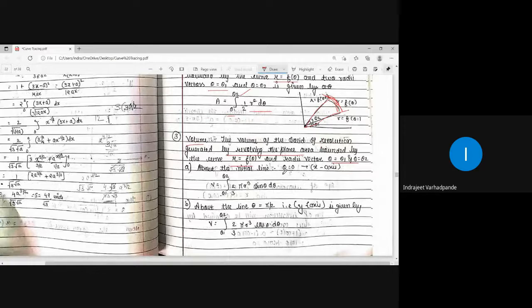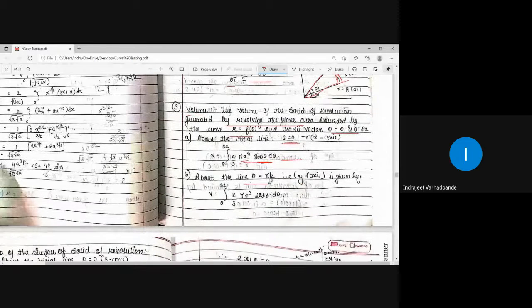So about the initial line theta is equal to 0, the term y is replaced by r sine theta, and therefore the formula becomes 2 by 3 pi r cube sine theta, with integration with respect to theta. So volume V is integral theta 1 to theta 2 of 2 by 3 pi r cube sine theta d theta.